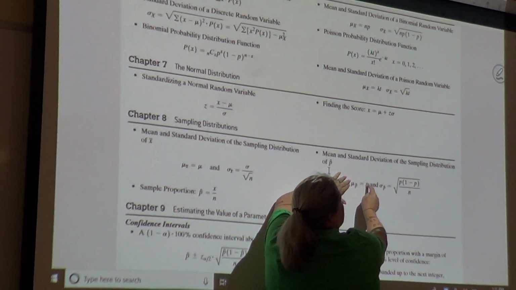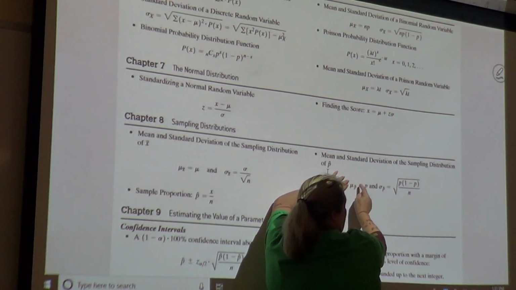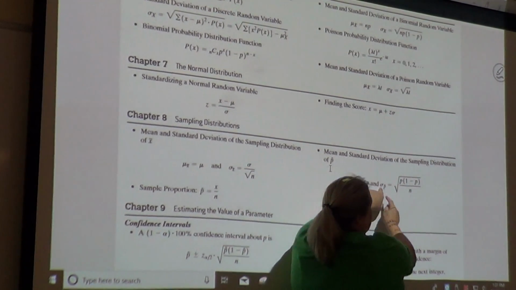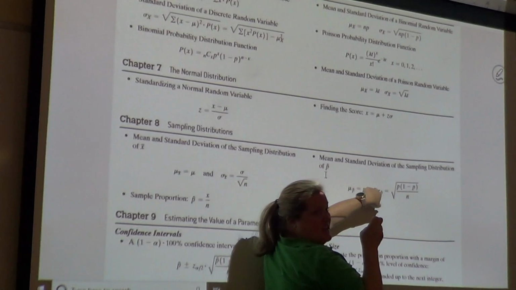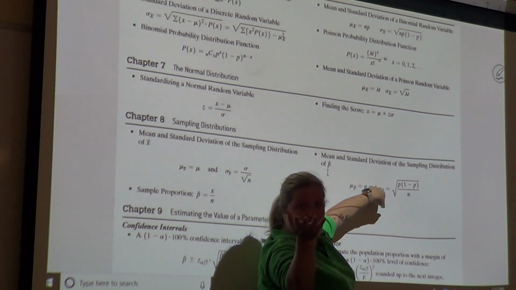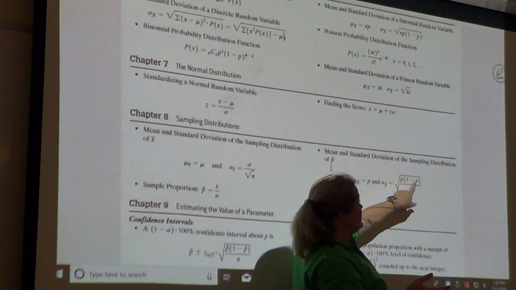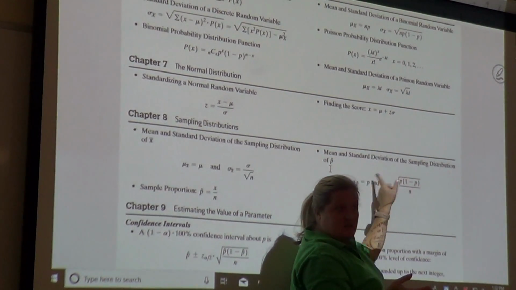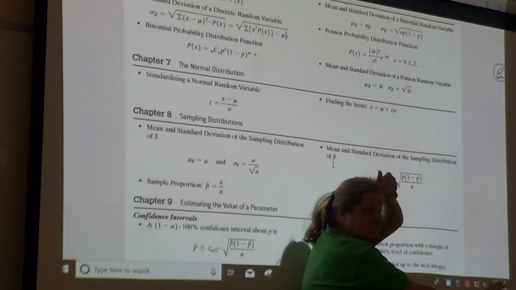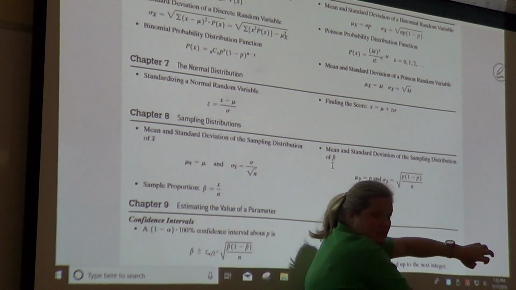Your mean is going to be whatever your P is. Your mean is going to be 0.23 if it's 23%. This is your new standard deviation, also known as the SEM, the standard error of the mean: square root of P times 1 minus P over N. So that's given to you on your formula sheet. The only thing that's not given to you is those two tests.